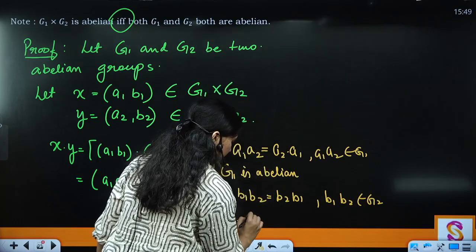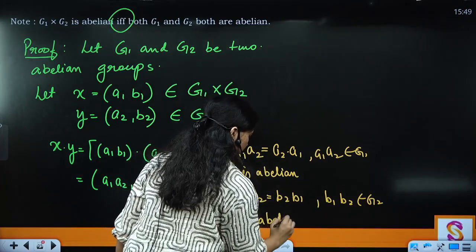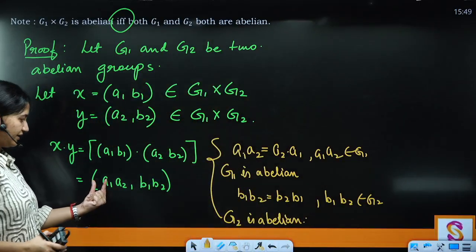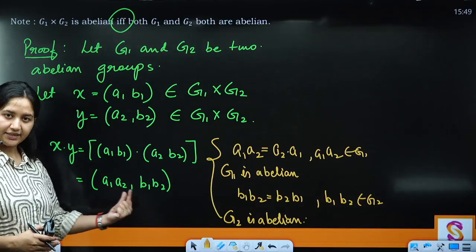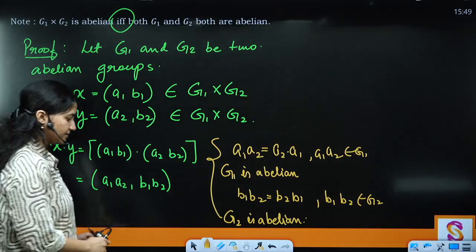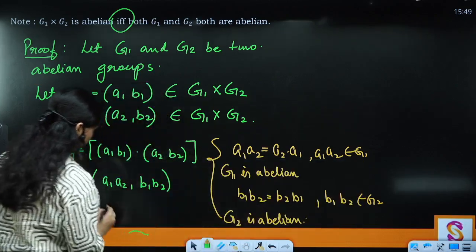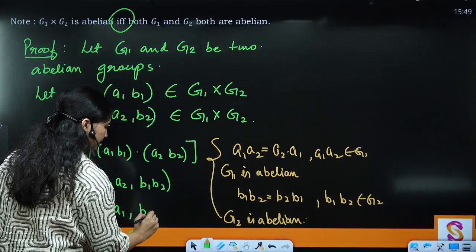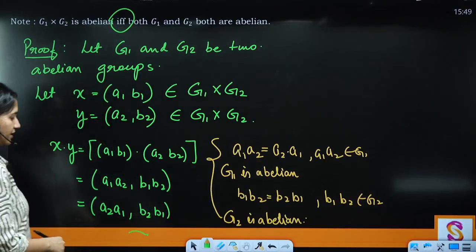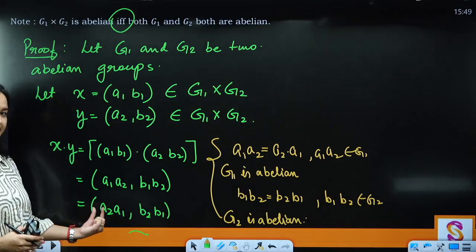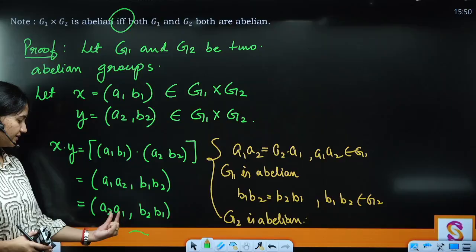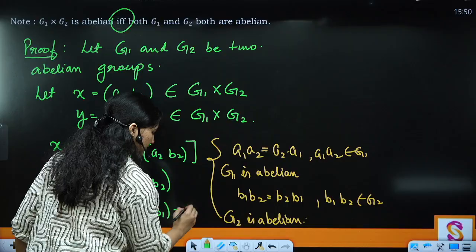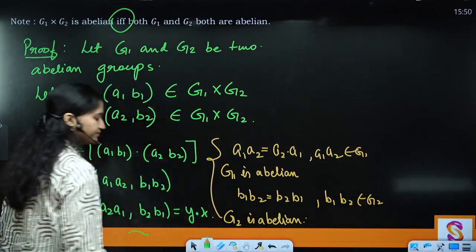Why? Because G2 is abelian, right? Now if a1 a2 is equal to a2 a1, can I write this as (a2 a1, b2 b1), right? Now what is happening? The first element is coming from y and the second element is coming from x. So this is nothing but y dot x, right?